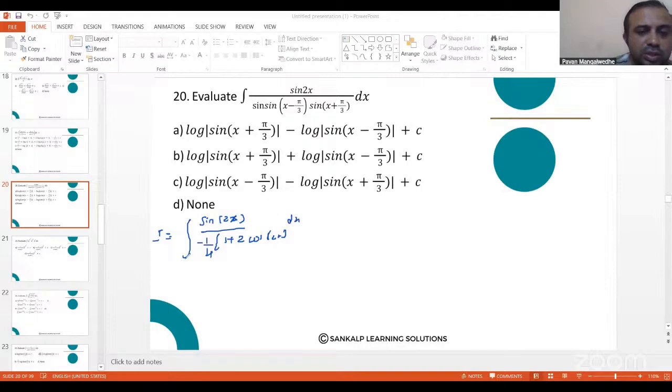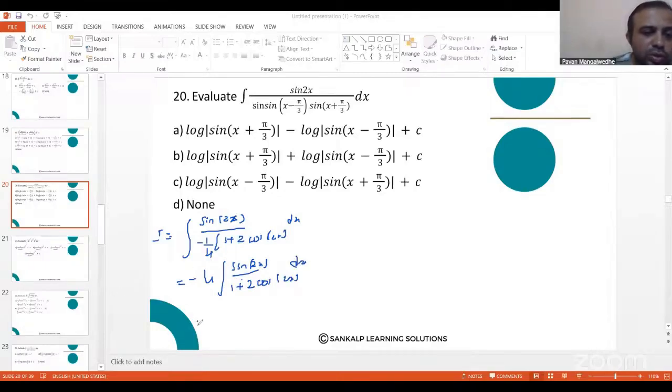So using this condition, minus 1 by 4 of integration of sine of 2x upon 1 plus 2 cos 2x dx.